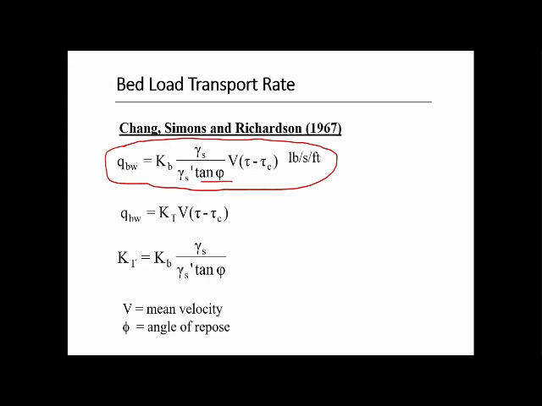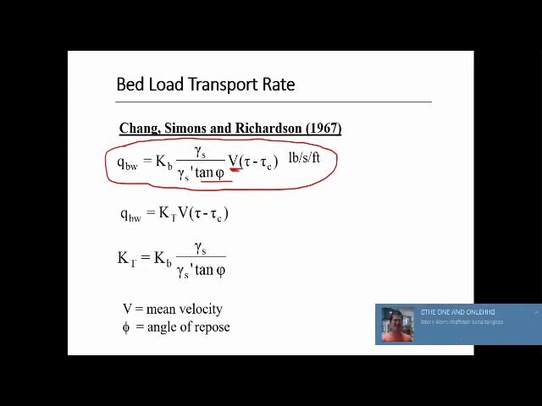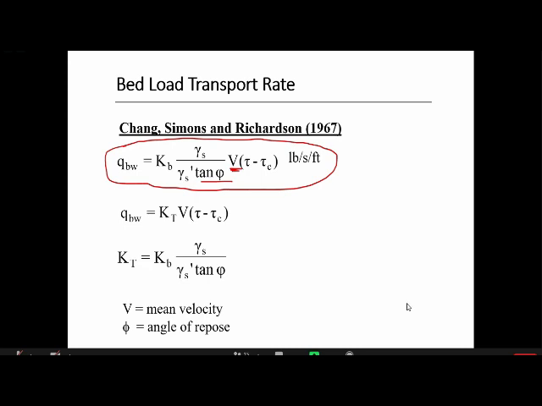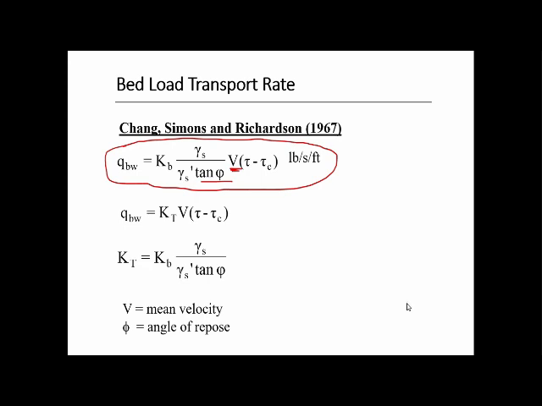and then you also have tangent alpha here, where alpha equals the angle of ripples, which depends on the sediment size, and you also add the mean velocity. So similar to Shields and Du Boys, you also have shear stress that should be multiplied by the velocity to determine the QBW.